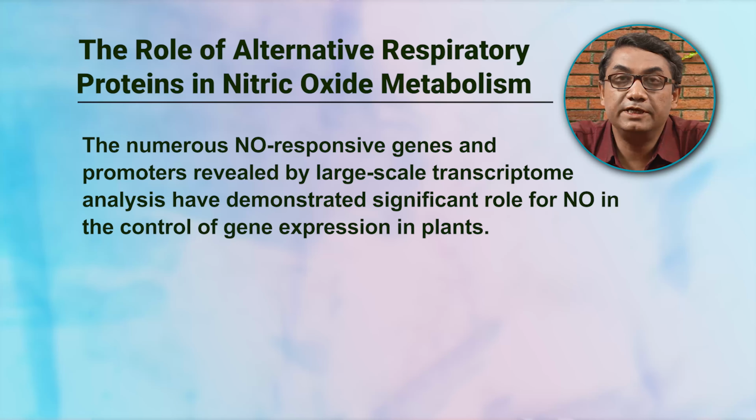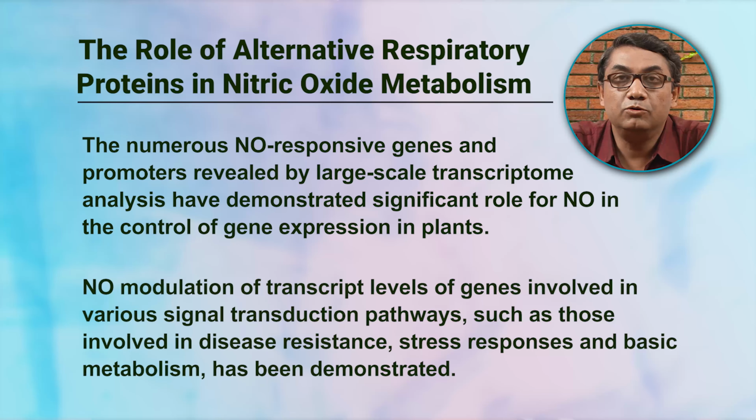The numerous NO-responsive genes and promoters revealed by large-scale transcriptome analysis have demonstrated a significant role for NO in the control of gene expression in plants. NO modulation of transcript levels of genes involved in various signal transduction pathways, such as those involved in disease resistance, stress responses and basic metabolism, has been demonstrated.